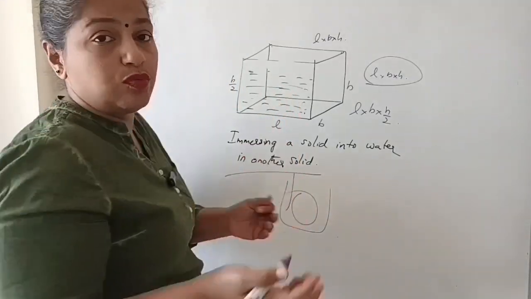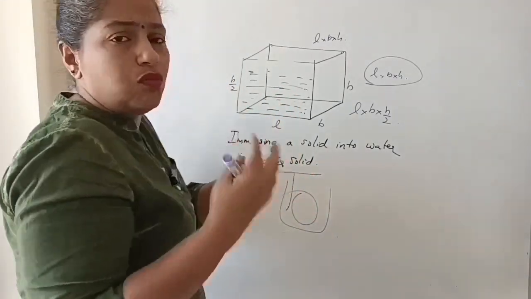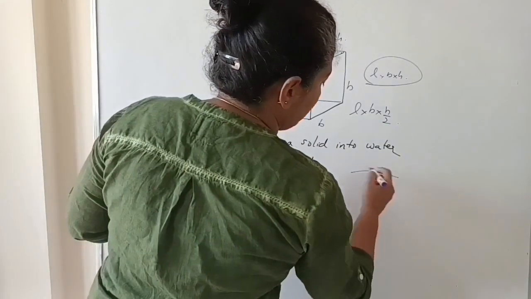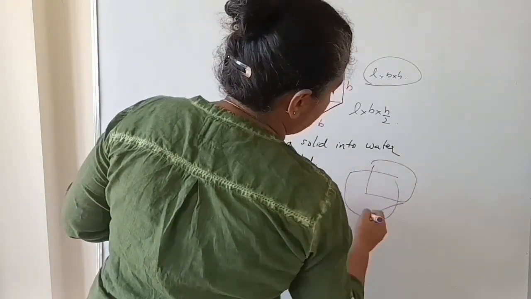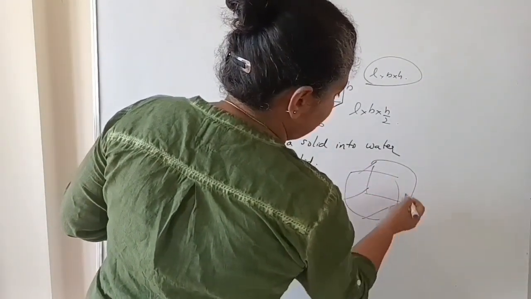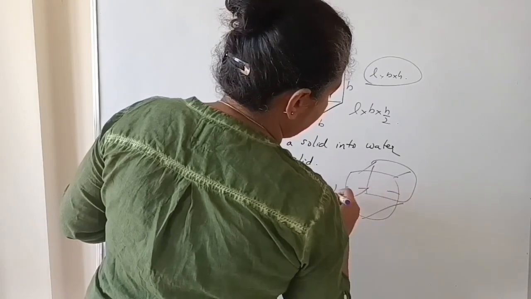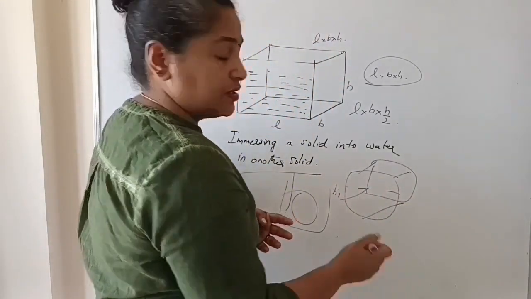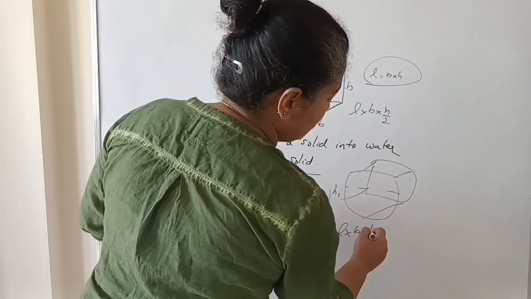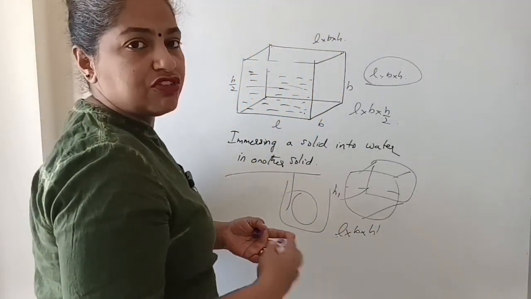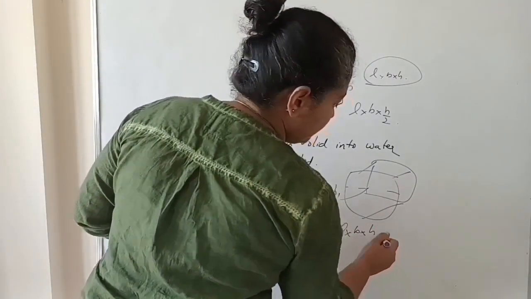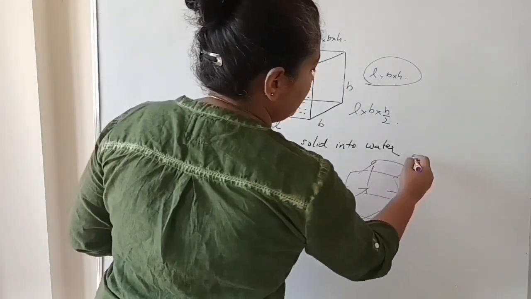Suppose we have a cuboid filled with water. We don't know the height of the water. We have a cuboid and there is some water in it, let us say up to a height of H1. What's the volume of the water? It is L into B into H1, because only the height will change. Nothing else will change. What's the volume of the cuboid? It is L into B into H.